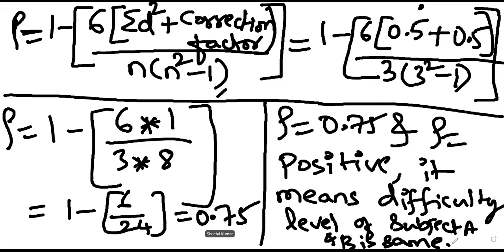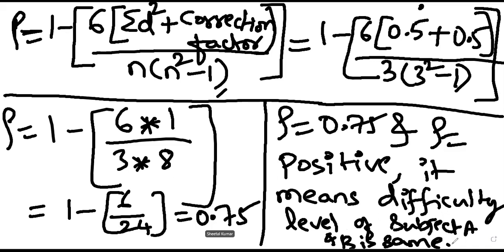Since the rank correlation is being asked, we can say that there is a similarity in terms of the difficulty levels. Correct? Because so many students are being considered for this correlation, and they have almost scored the same marks.